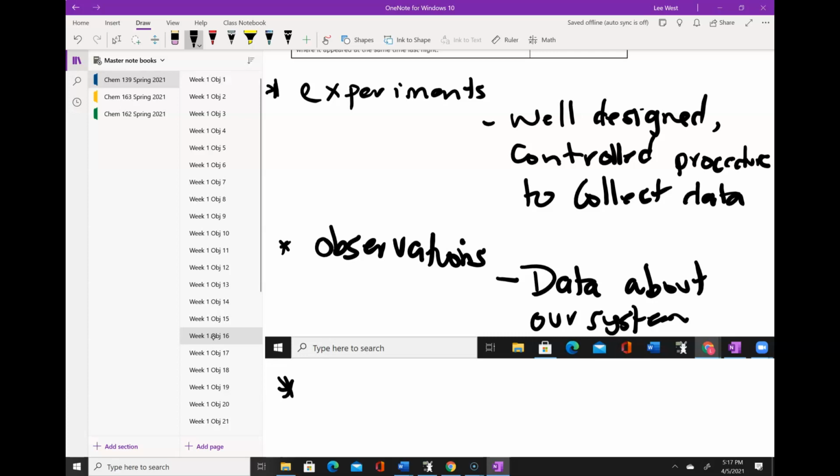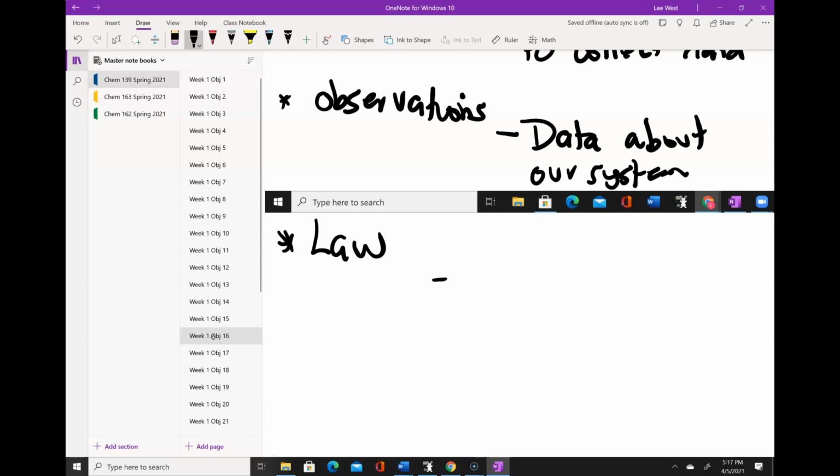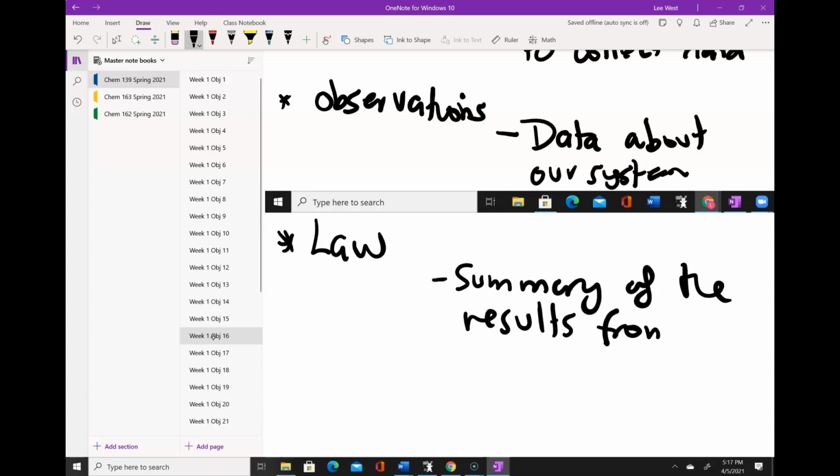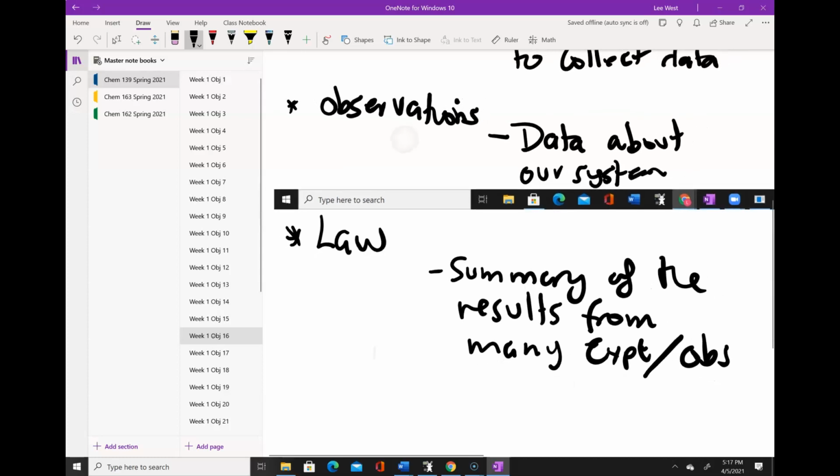Now, once you've got a bunch of experimental results, you can summarize them in what's called a scientific law, and that's a summary of the results from many experiments and observations.